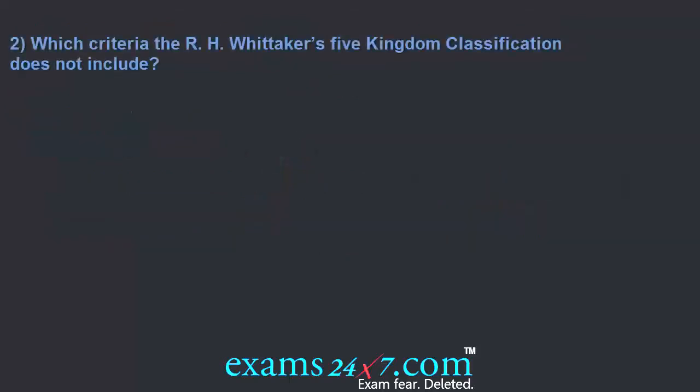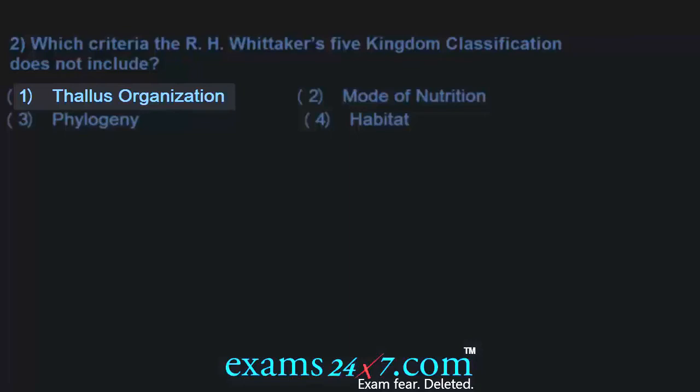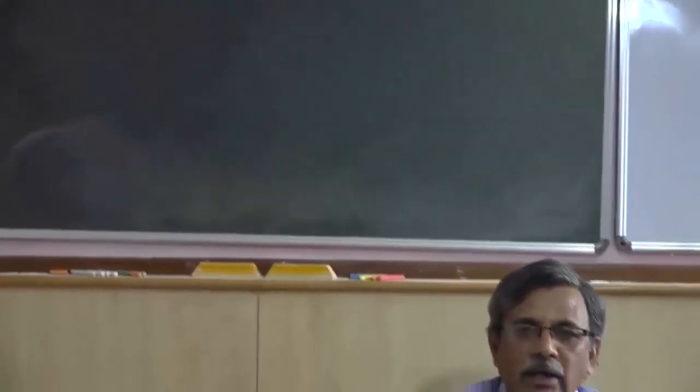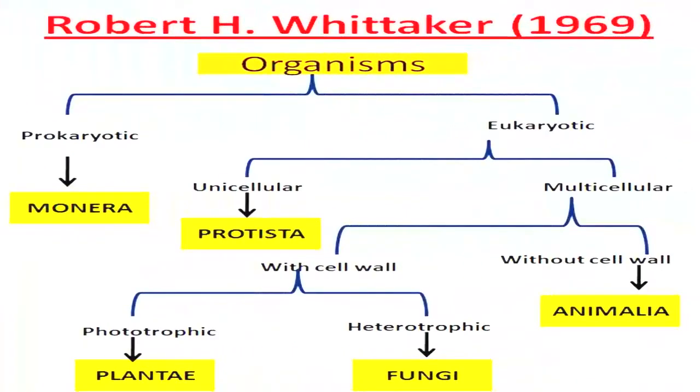Which criteria the R.H. Whittaker's 5 kingdom classification does not include? Option 1, thallus organization. Option 2, mode of nutrition. Option 3, phylogeny. Option 4, habitat. Dear friends, I hope all of you know, R.H. Whittaker gave the 5 kingdom system of classification.